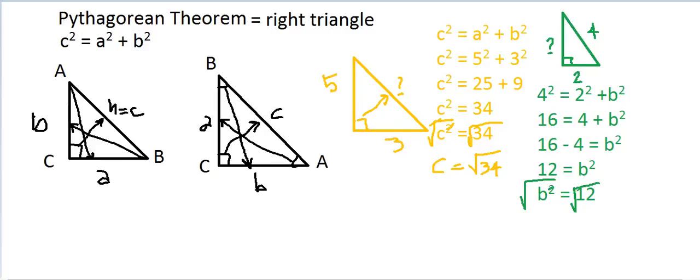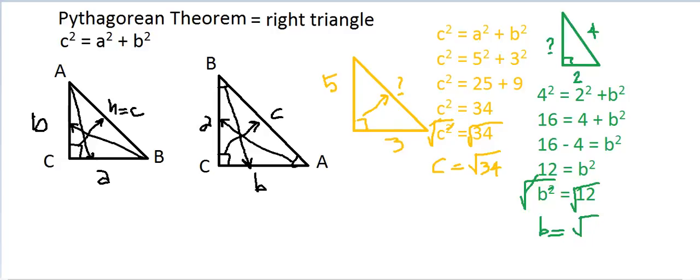So again, this will be cancelled. So this is now B. B then is equal to the square root of 12. And the square root of 12 has factors, one of which is a perfect square, and that is 4 times 3. Right? Okay. Well, let me use my text here.